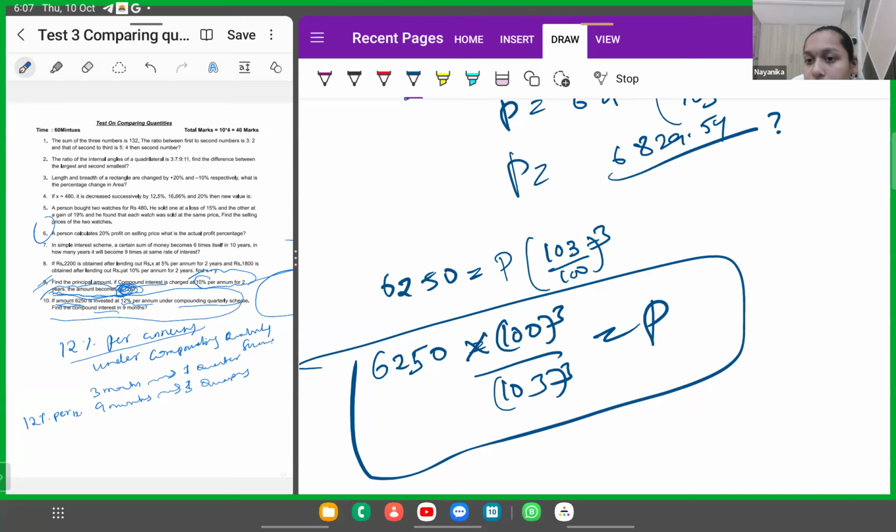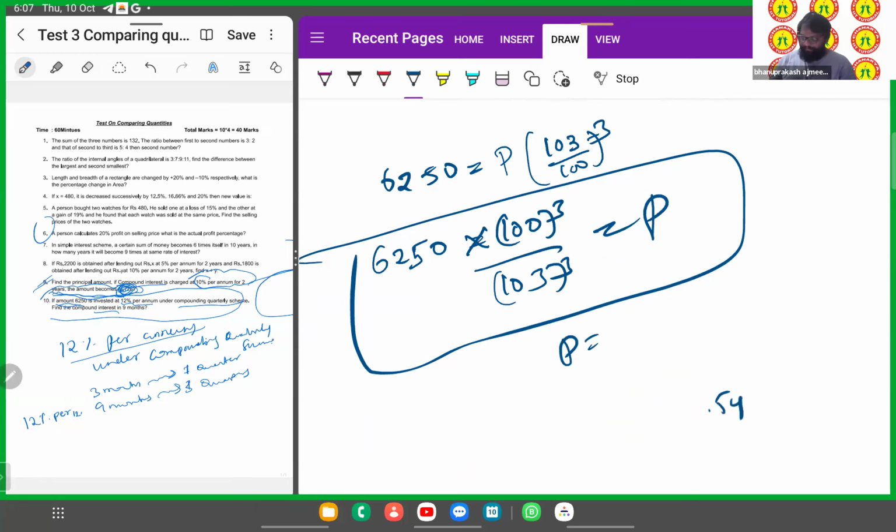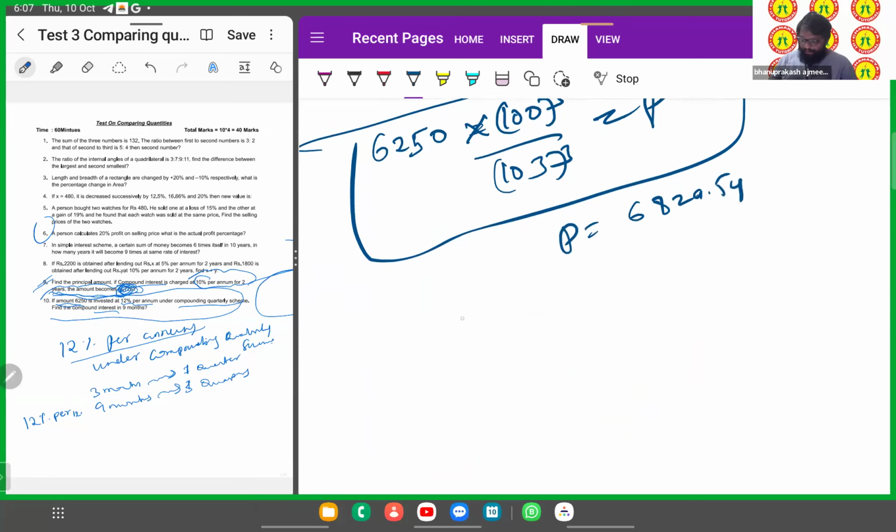Arey, this calculation part also should I explain to you or what? No, sir, just start, fine. So finally you will be getting P as 6829.54. Now they told you to find out the compound interest.